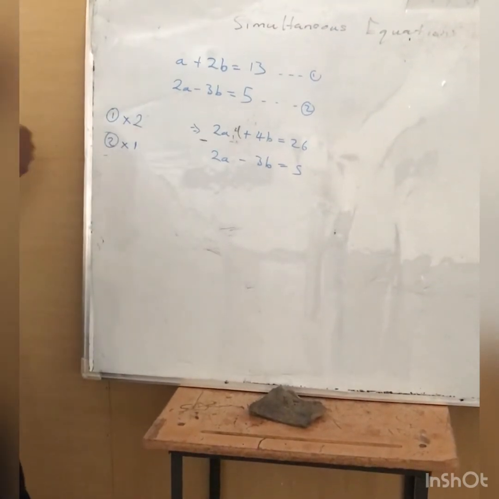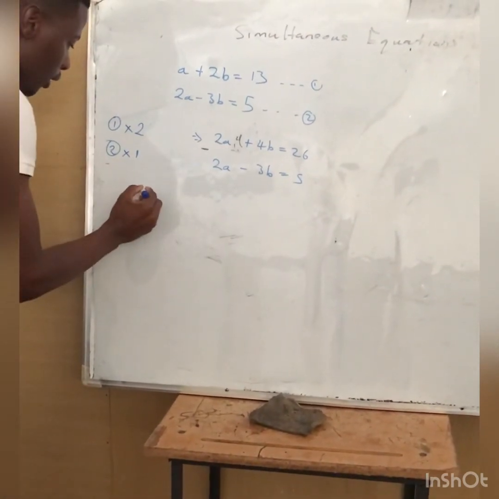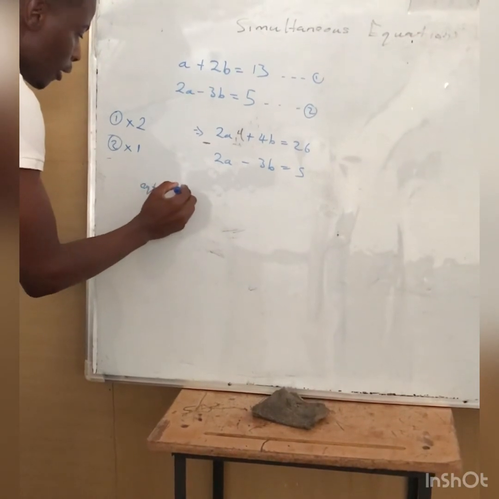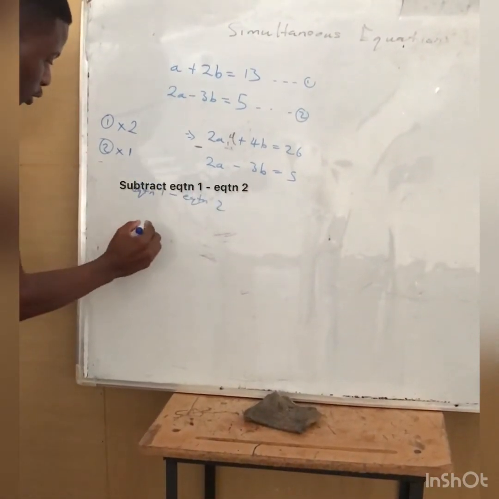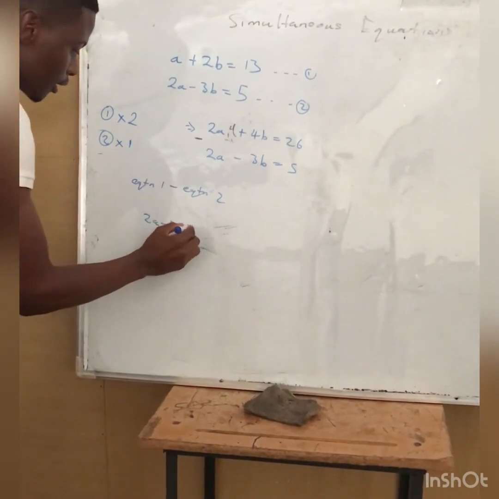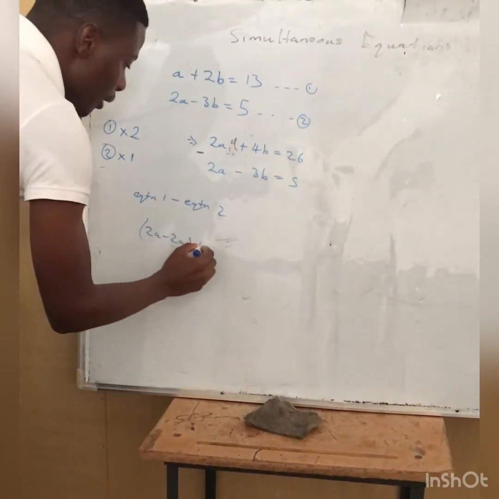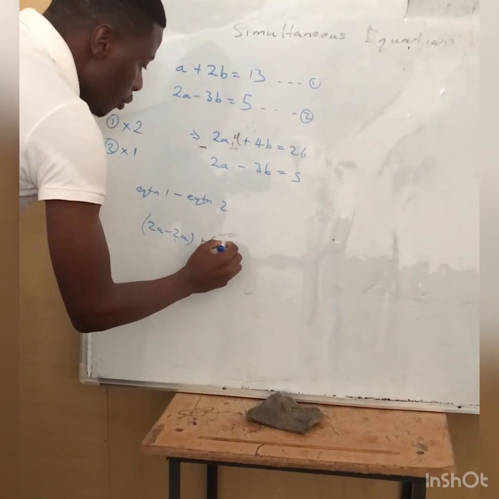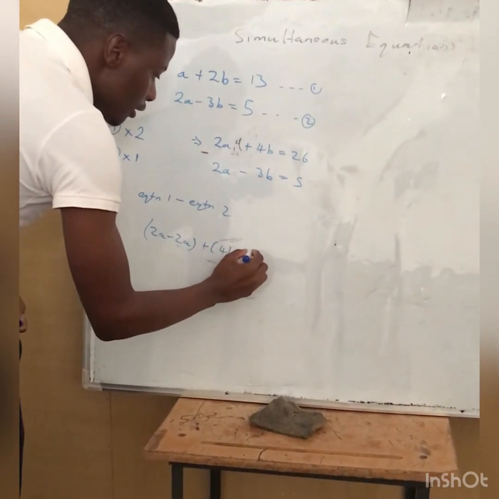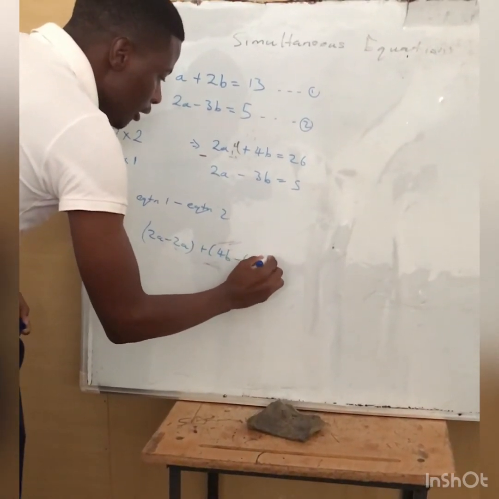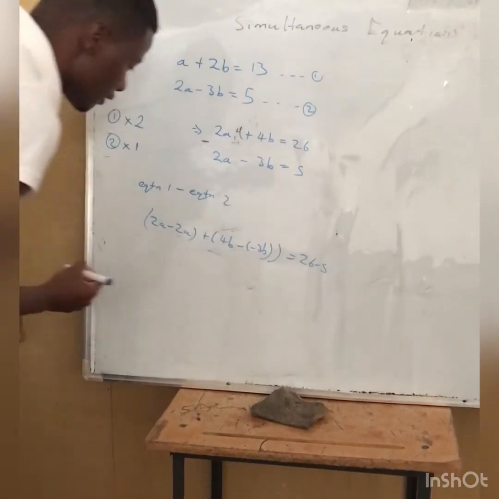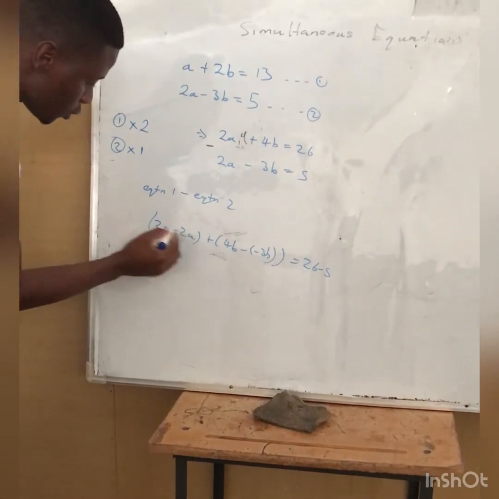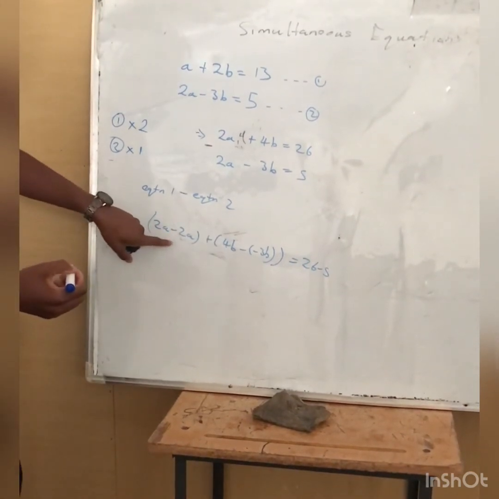So I'll be subtracting equation 1 minus equation 2. Therefore, 2a minus 2a, I'll be subtracting term by term, plus 4b minus 3b is equal to 26 minus 5. This is, therefore, 2a minus 2a, I've managed to eliminate a.